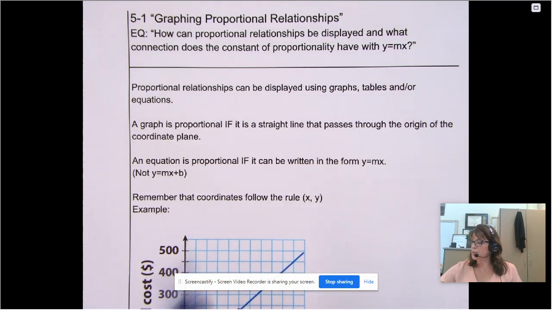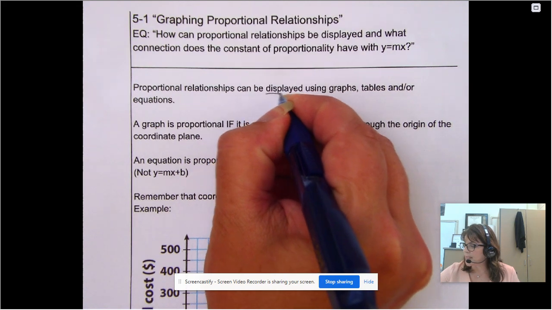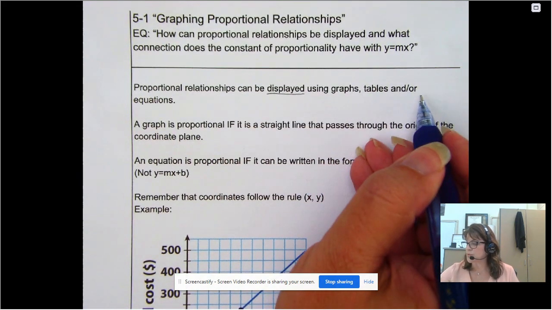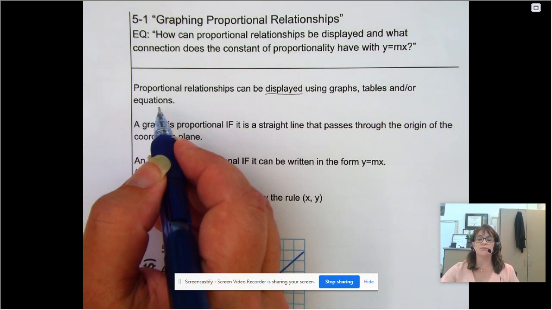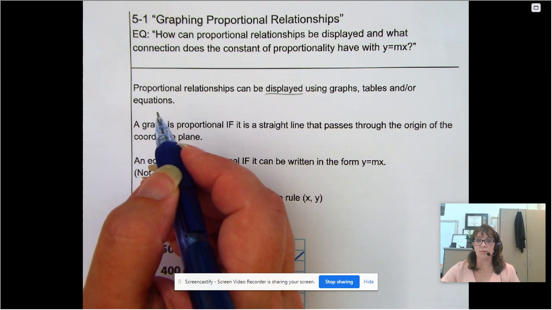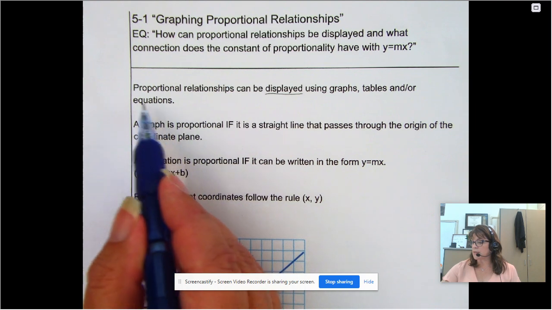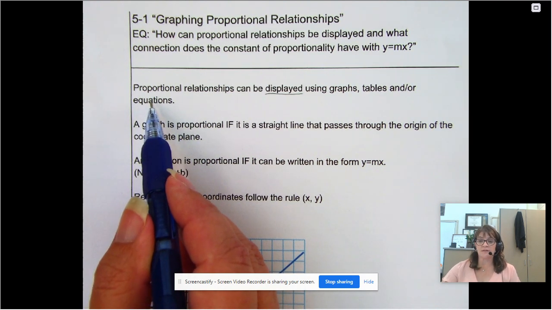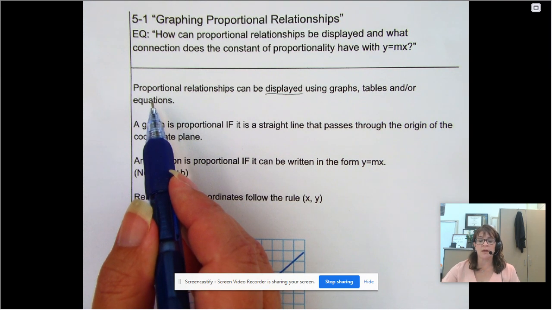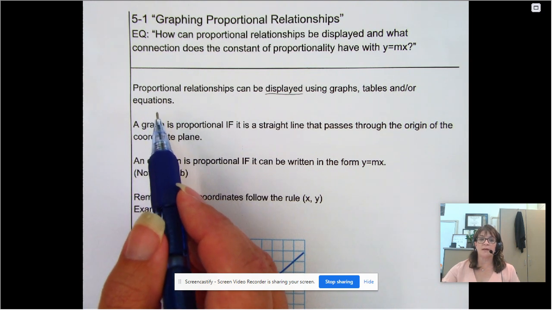Proportional relationships can be displayed using graphs, tables, or equations. Most of us, when we think of a display, would think of a graph or a table. But an equation creates a line. If it's a linear equation, it will create a line, and that is part of the display.